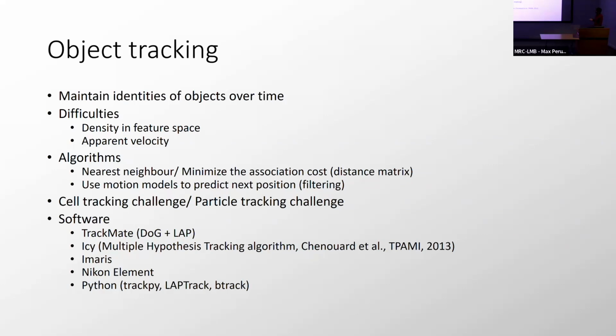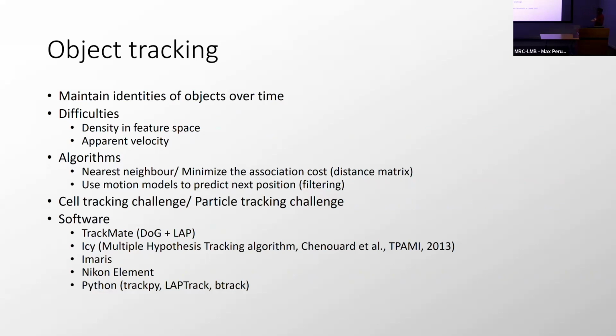For basic algorithms, there is nearest neighbor, where you minimize an association cost. There are two approaches: find the nearest one and say this one is my next identity, or consider the whole point cloud of two time points and try to match them, minimizing the global association cost.